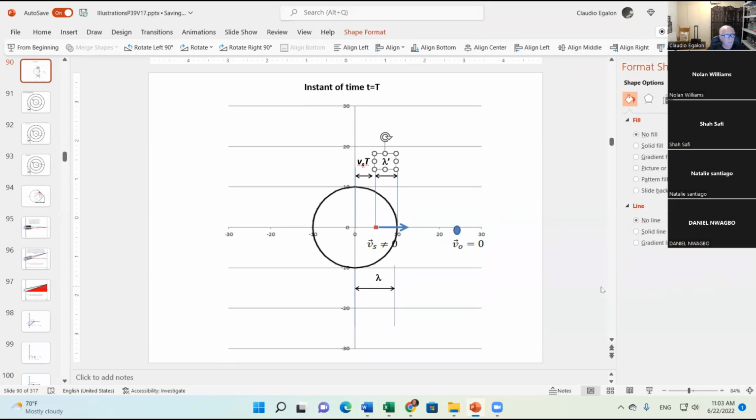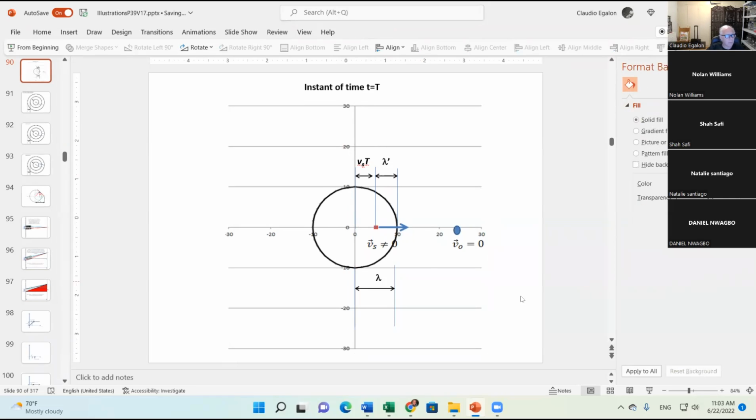Okay, so that's where it comes from. And for the other one it's the same thing. That's what the Doppler effect is all about.